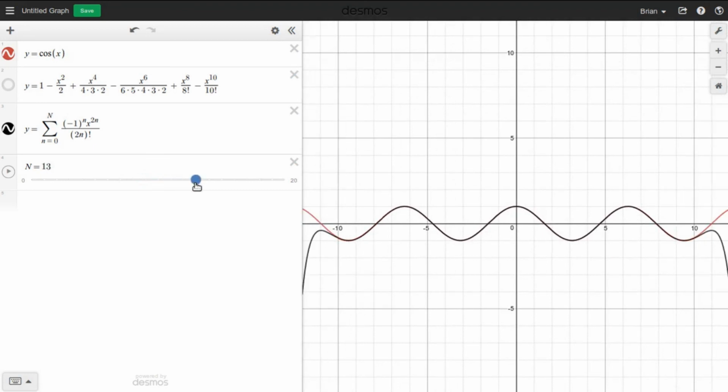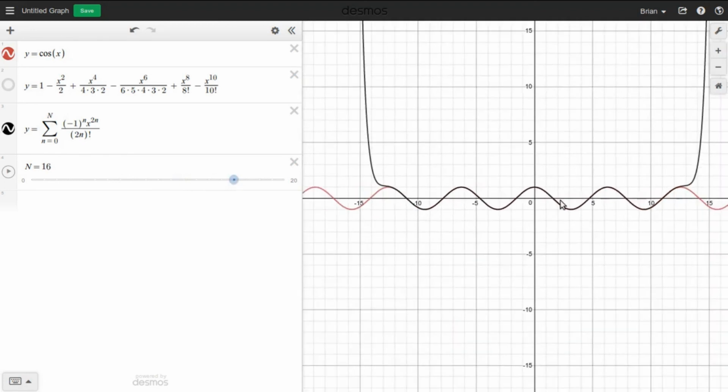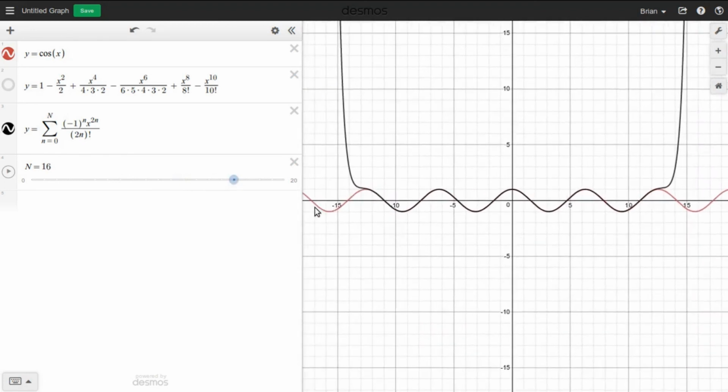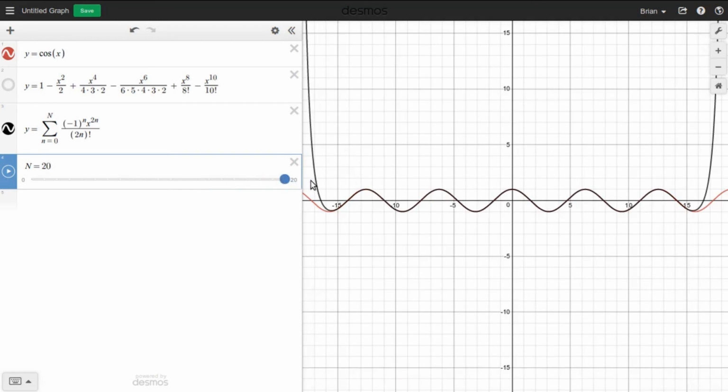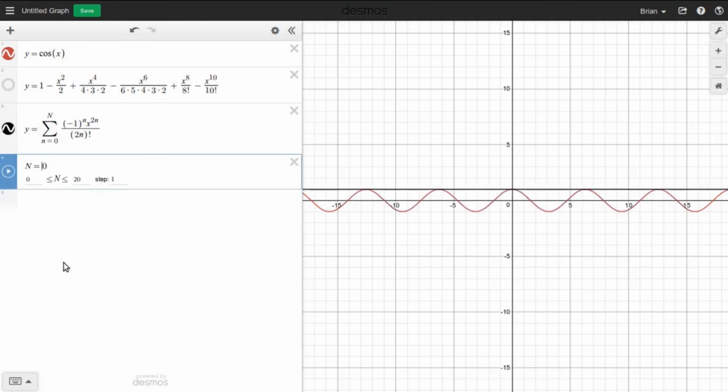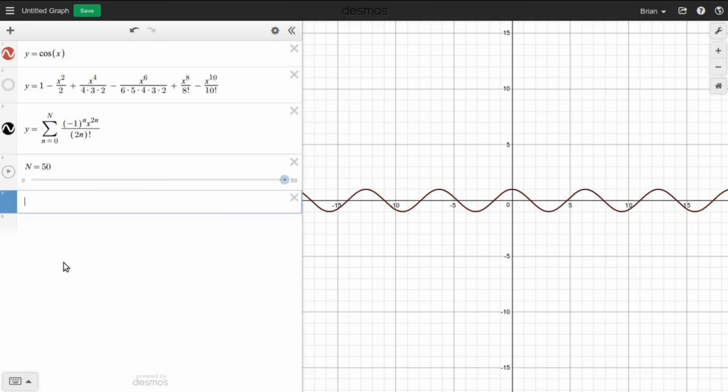I can do better. So if I'm willing to add more and more terms, I can fit more and more of my cosine function. So is there a polynomial that's equal to cosine? The answer is not exactly. There is something like a polynomial, but it has infinitely many terms.